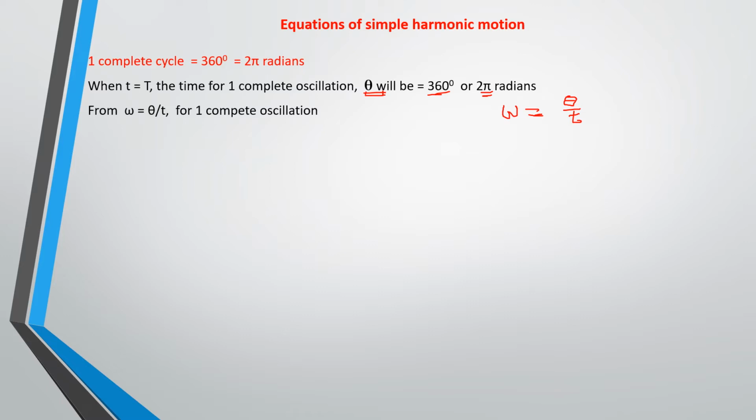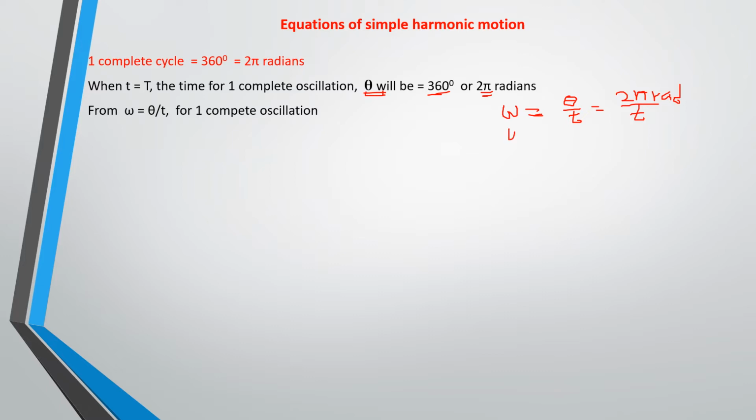Now from this, see that angular displacement is equal to 2 pi in radians, all over time, and your time there is capital T, which is the period.